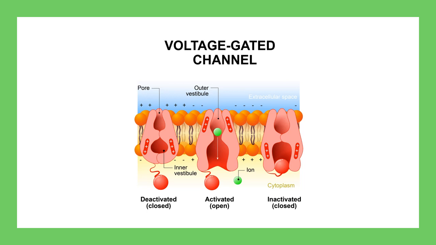Here, we can see an image of the sodium voltage-gated channel. The first image, on the left, depicts the channel outside of its threshold range to react, making it closed. When the stimulus is provided that changes the polarization of the cell, this causes the channel to open, as seen in the middle image.